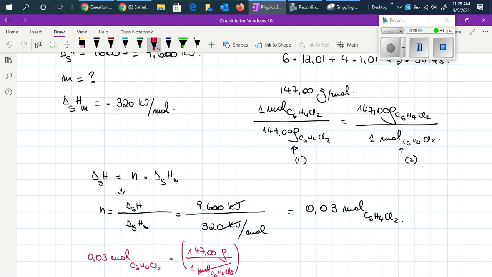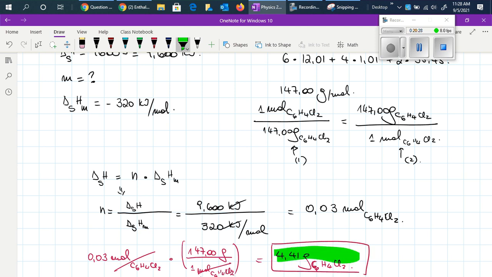Moles and moles cancel out, times 147, and we will have 4.41 grams of C6H4Cl2 that is part of the solidification reaction, which is releasing 9.600 kilojoules. Okay, I hope that this makes sense.